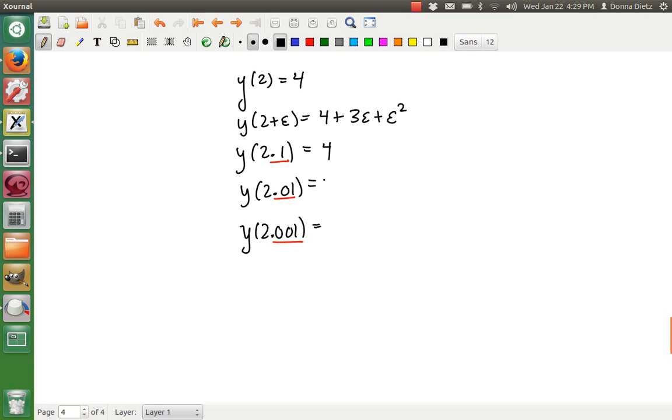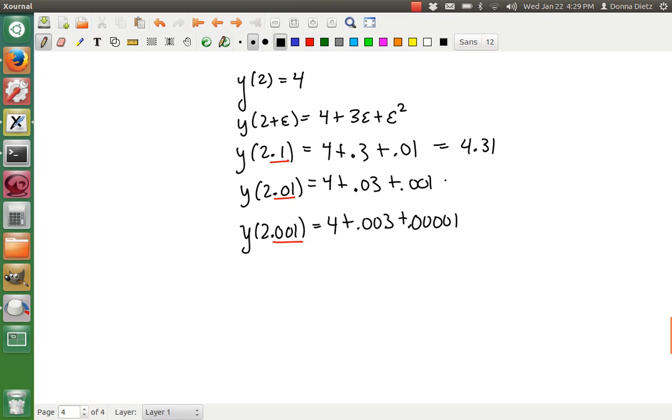In each case, we have a 4. And then in each case, we have a 3 times epsilon. And in each case we have an epsilon squared. And so this gives us 4.31, this gives us 4.0301, this gives us 4.003001.